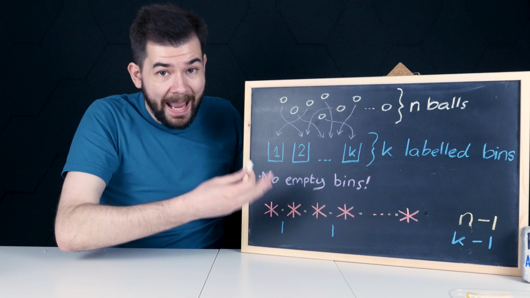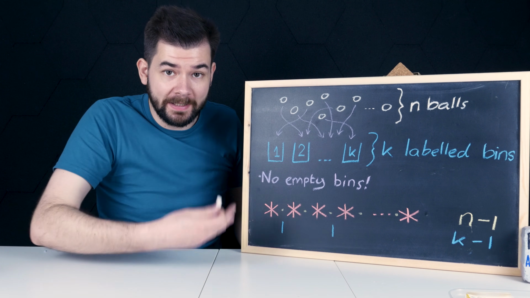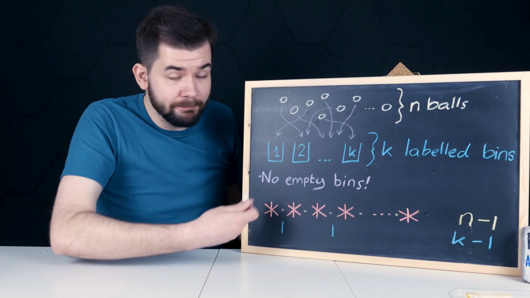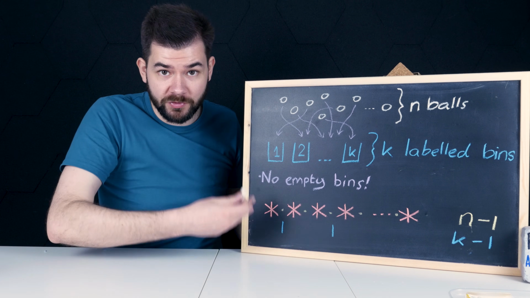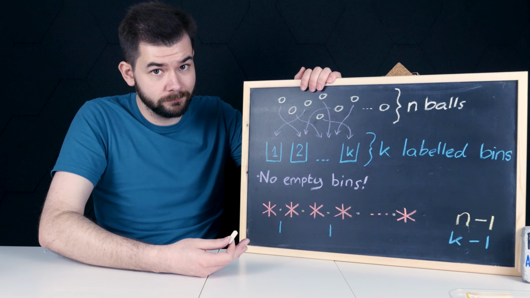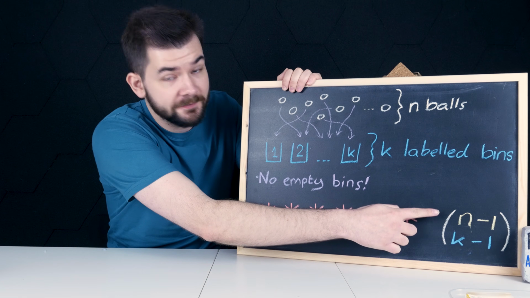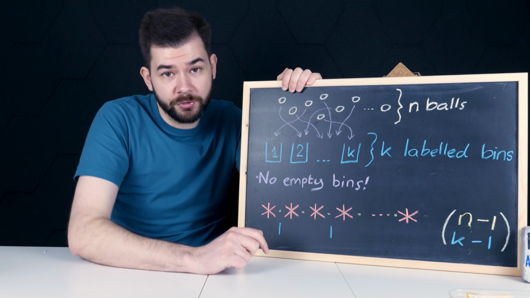So in other words, there are n-1 valid positions, and I want to select k-1 of them to place my bars. So there are n-1 objects, and I need to choose k-1 of them. This is n-1 choose k-1. And you will note that in my n equals 5, k equals 3 example, I get 4 choose 2, exactly the solution we had before.